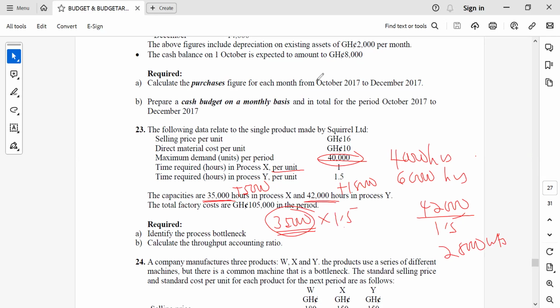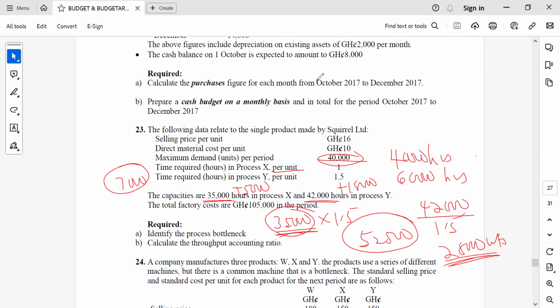So you cannot produce 35,000. The production capacity will be based on 28,000 units. So you'll be left with 7,000 hours over in process X. Maybe you can use that 7,000 to produce another product that will pass through process X.